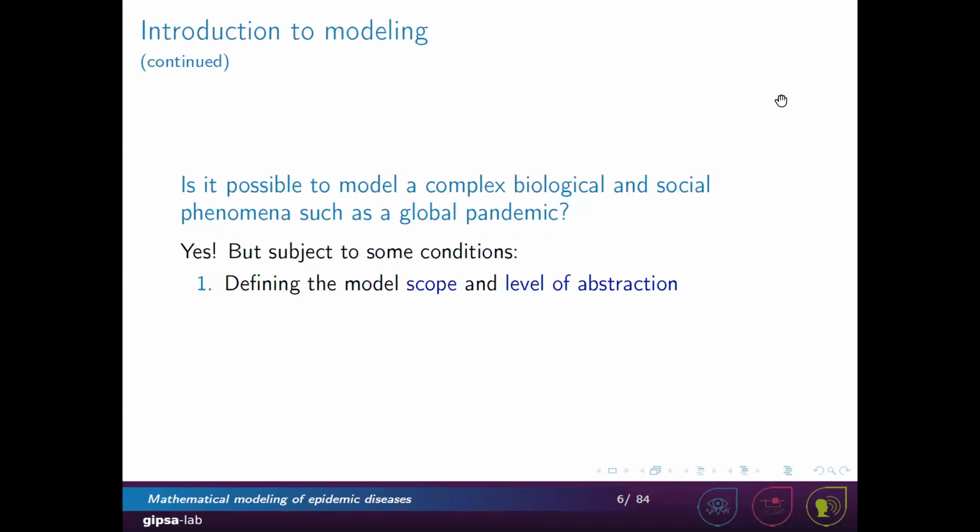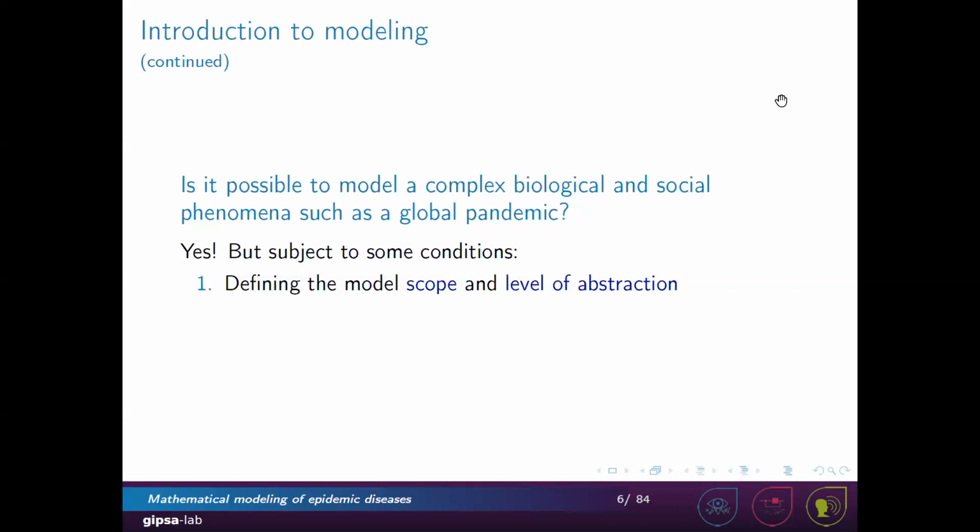So we need to clarify the aspect of the system that we are modeling and the scope that that model holds for the system. For instance, some models are macro level models.